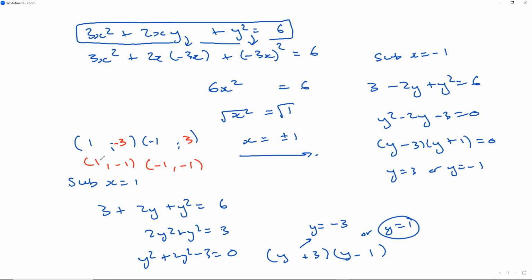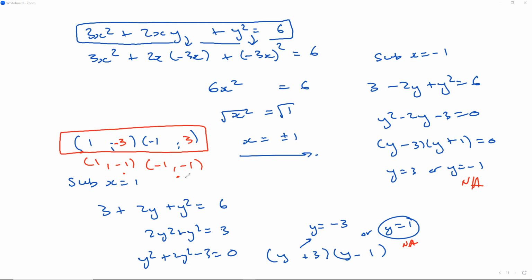Yeah, so it's negative 3. The solution that we have at the moment is going to be that one. So we just got to now think, why would these solutions be invalid? Or are they valid? The coordinates of the two stationary points on the curve. Why would these not be applicable?